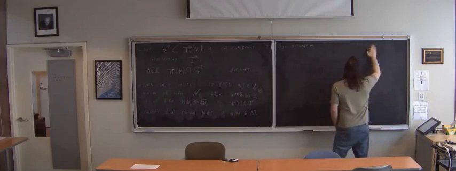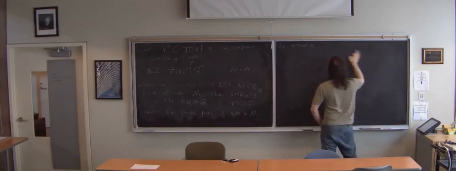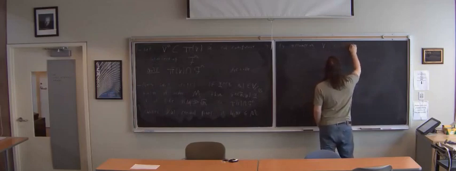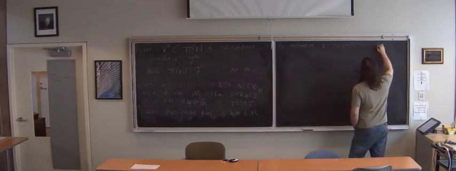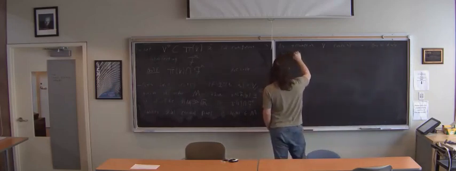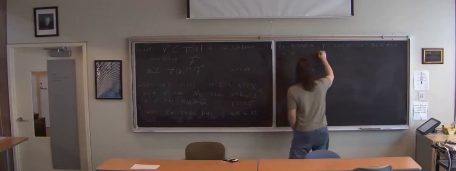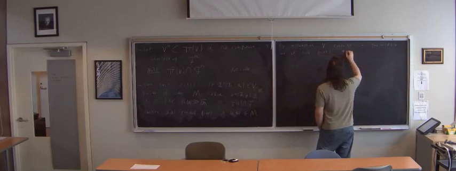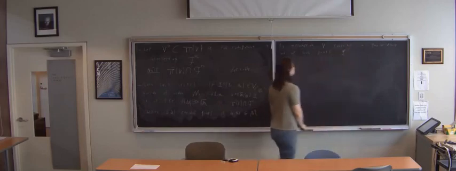So let me say, by assumption, V contains a dense set of such points Q, let's say I or whatever.